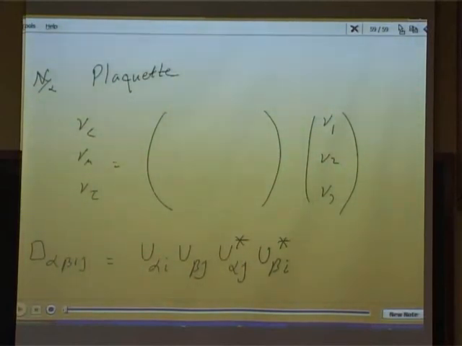Let's take alpha equal to e, beta equal to mu, and i equal to 1, j equal to 2. So then this U_alpha_i is this number. Then I have got U_beta_j, which is mu2. So it's something like this. Then I have got U_alpha_j star, which is here, and U_beta_i star.